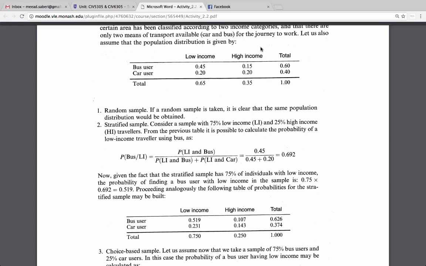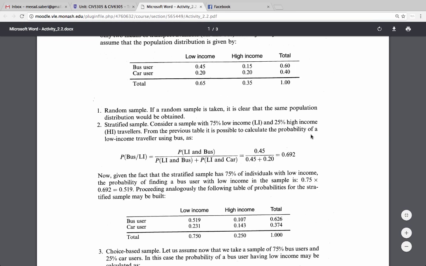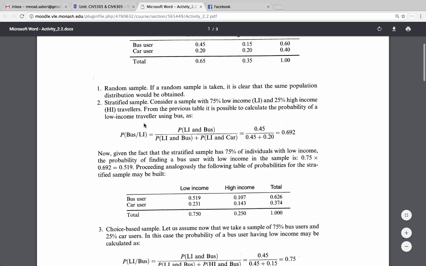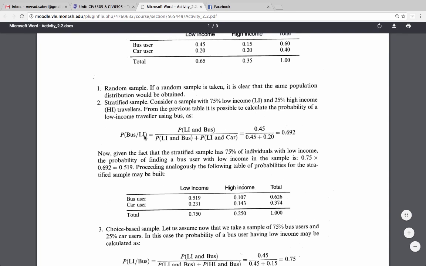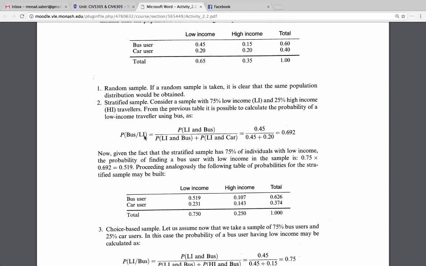So from the previous table, we can calculate the probability of a low-income traveler using a bus, which can be represented as probability of bus conditional on being low income. This is the probability of being low income and using a bus over the probability of being low income.